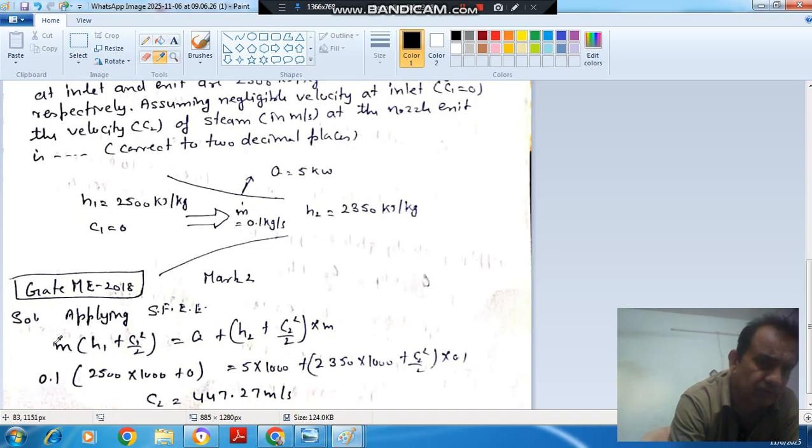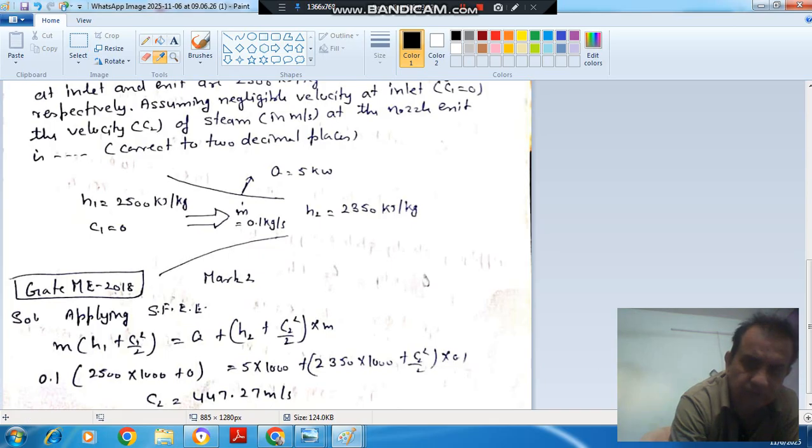So the steady flow energy equation reduces to m, the mass flow, times bracket H1 plus C1 square by 2, is equal to minus Q, so plus the heat rejected on the other side, plus m times H2 plus C2 square by 2. This is the enthalpy and kinetic energy at the exit, this is the kinetic energy and enthalpy at inlet, and this is the heat rejected.